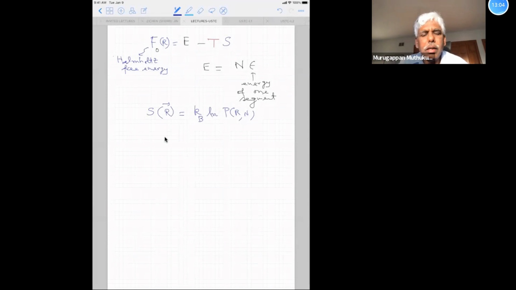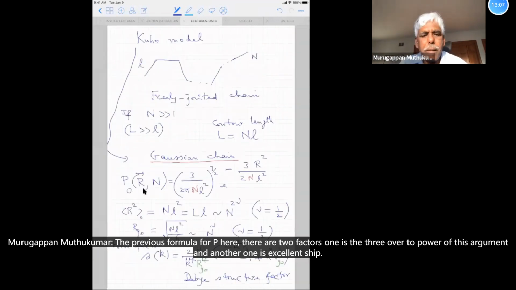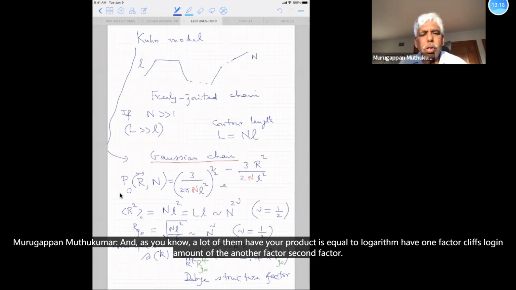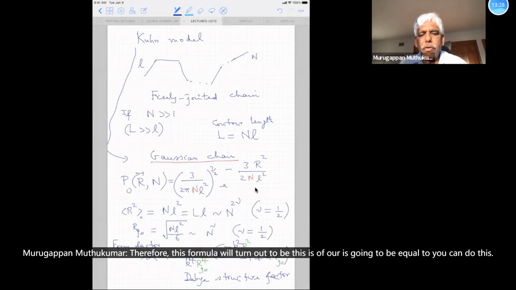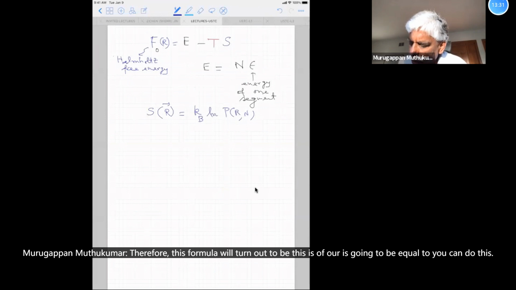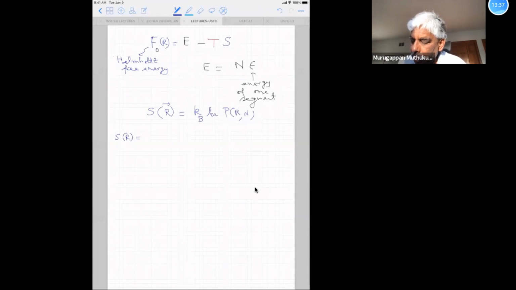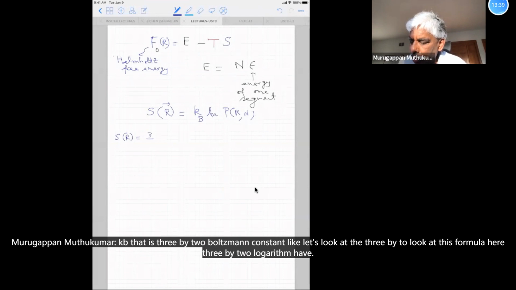Now let's take the previous formula for P here. There are two factors. One is the 3/2 power of this argument, and another one is exponential. And as you know, the logarithm of a product is equal to the logarithm of one factor plus the logarithm of the second factor. Therefore, S of R is going to be equal to, you can do this, 3/2 Boltzmann constant KB.